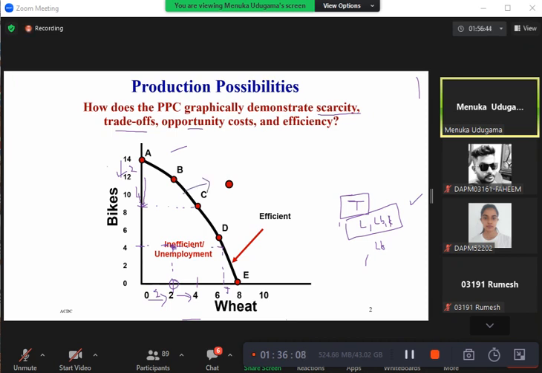That is what an economy or a firm would want to do. They want to push this curve forward using different strategies so they can produce more, because any firm, any economy would want to produce more bikes, more wheat, more products, right? You have to push this forward. So what factors would push this curve?